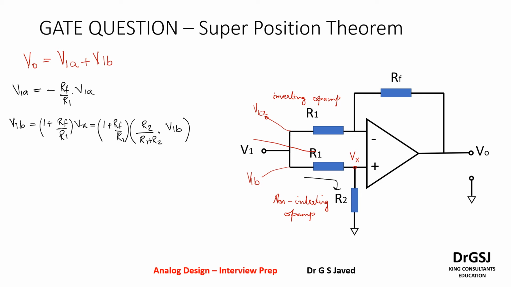Now we will add both of them. Oh no, sorry, apologies. This is called V out A due to A and V out B due to B, because we have to see the effective output.